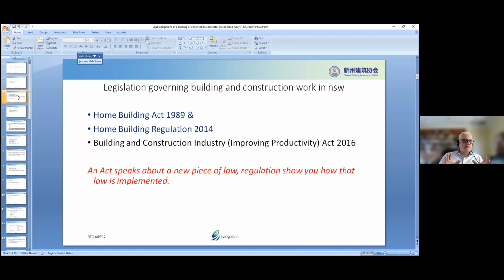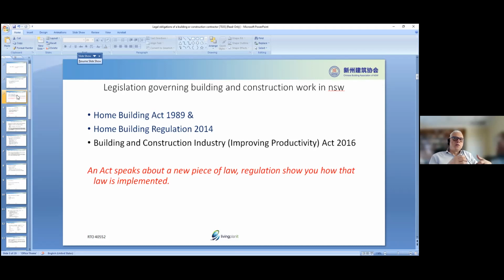Now, again, this is an act, it's a legal document that you can access online, and it's quite large, but it tells you everything that needs to be done in regards to construction. And the Home Building Regulation 2014, which is basically a part of that act, it's come from that act. And we have the Building and Construction Industry Improving Productivity Act 2016.